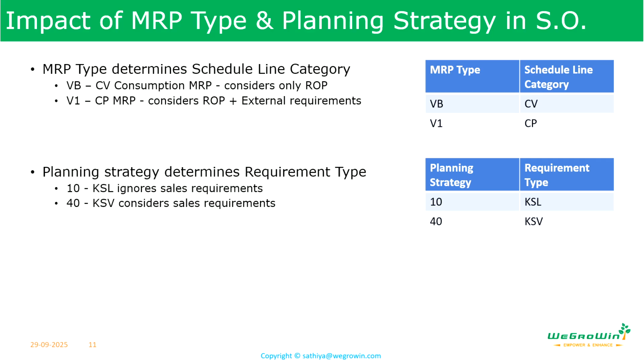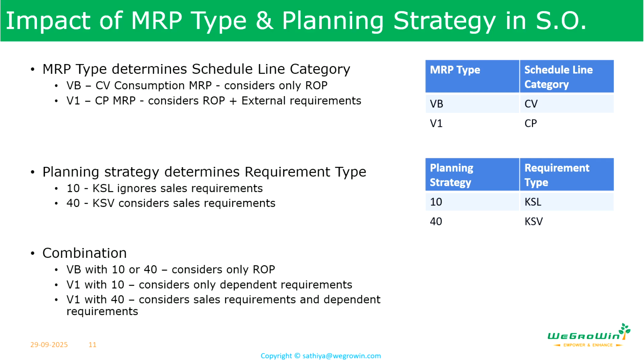The combination of planning strategy and requirement type: for planning strategy 10, requirement type is KSL, and for planning strategy 40, requirement type is KSV. KSL ignores sales requirements. KSV considers sales requirements.